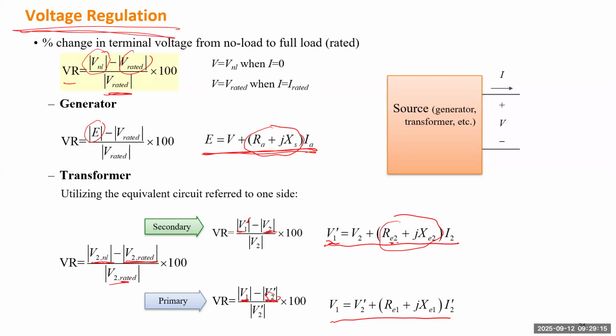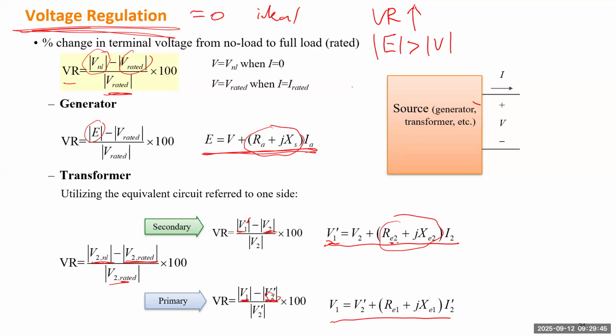So keep in mind, voltage regulation equal to 0 means an ideal source. If we're talking about positive voltage regulation, it means the no-load voltage is higher than the load voltage, like a generator's source voltage being higher than the terminal voltage.